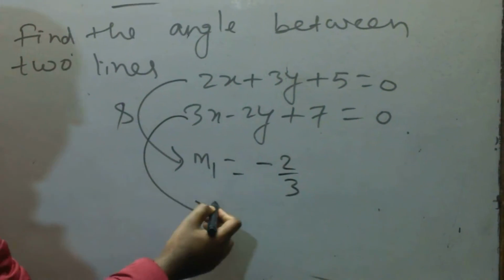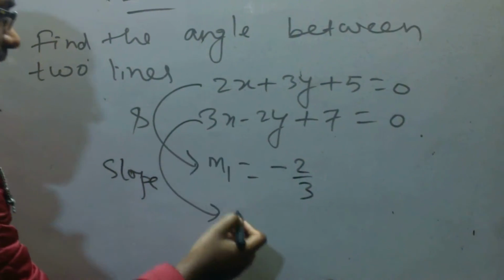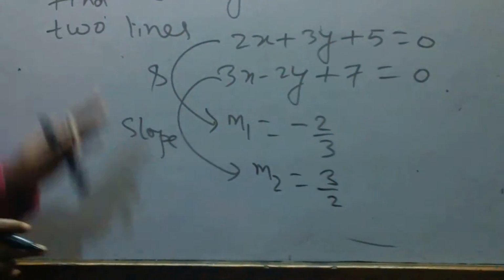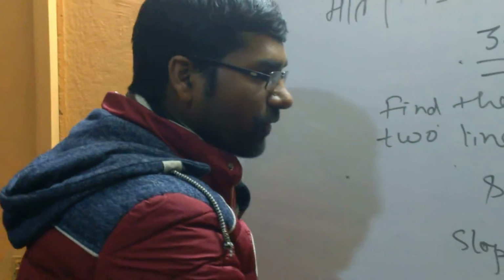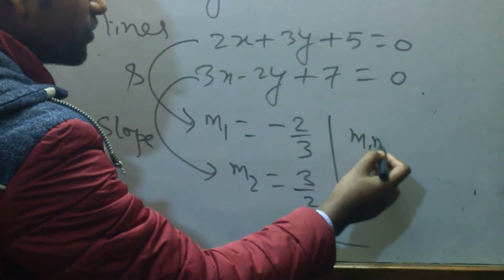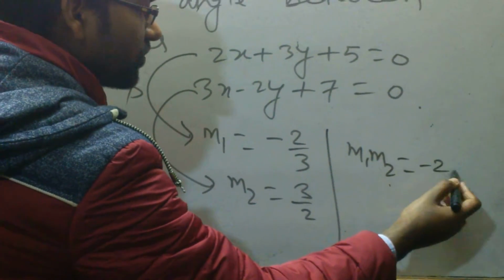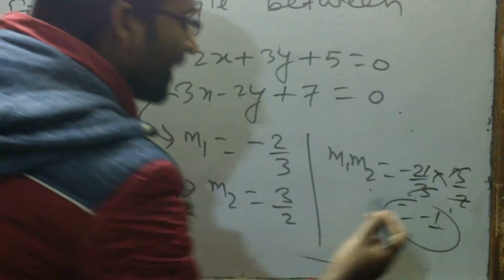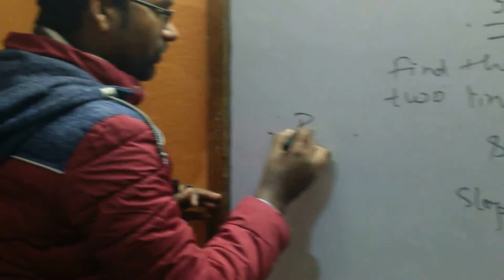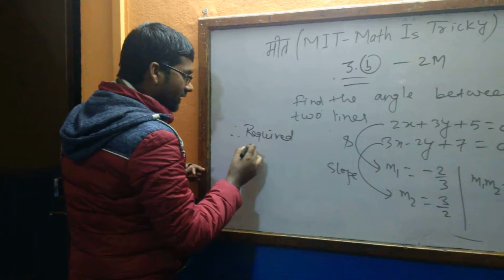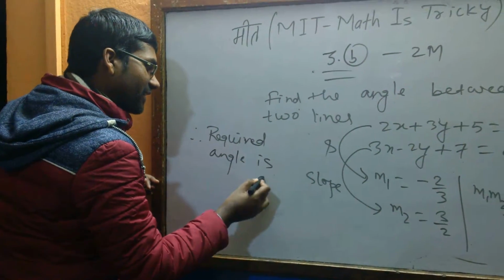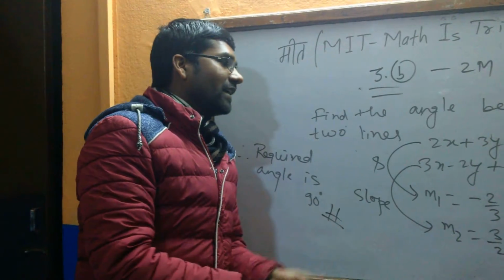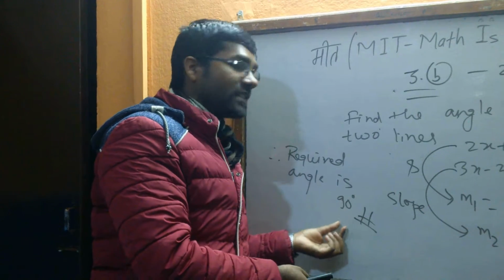For the second, m2 equals 3 by 2. Rather than using the formula, check m1 m2, which is minus 2 by 3 times 3 by 2, and you get minus 1. So you don't have to find the angle with the formula; the required angle is simply 90 degrees. If you use the tan theta formula, you will get the same answer.